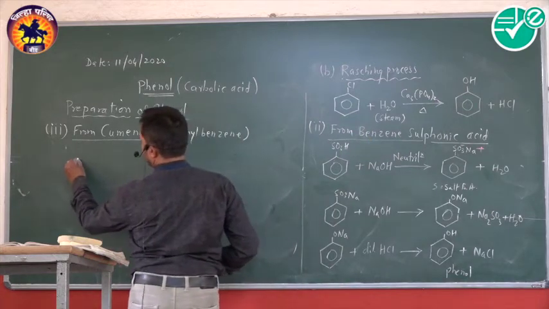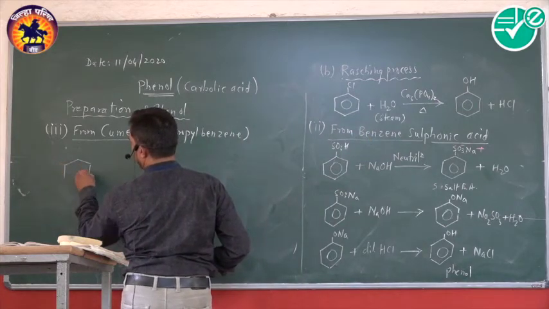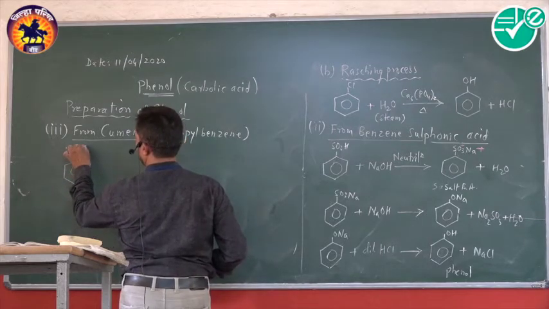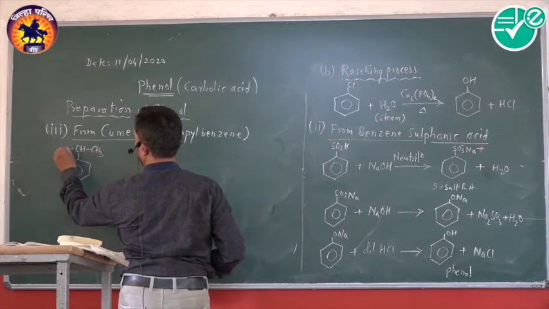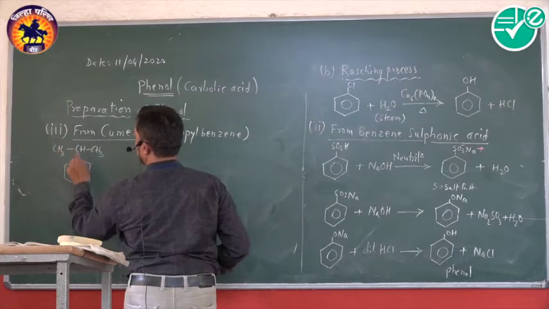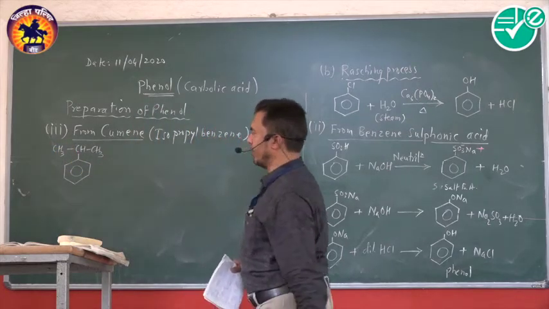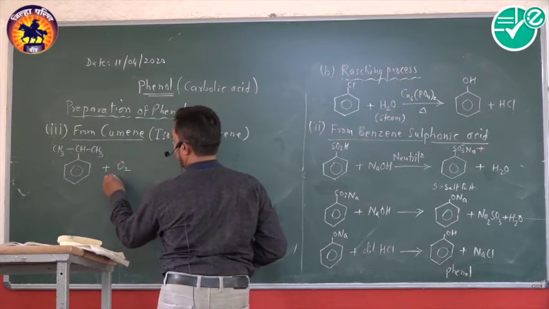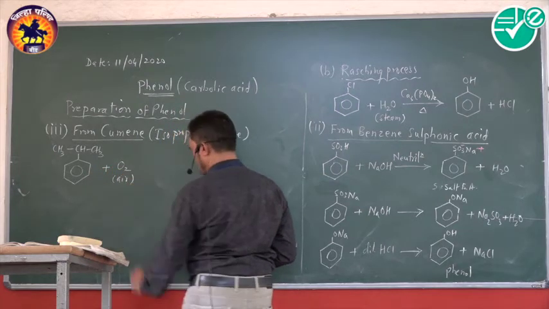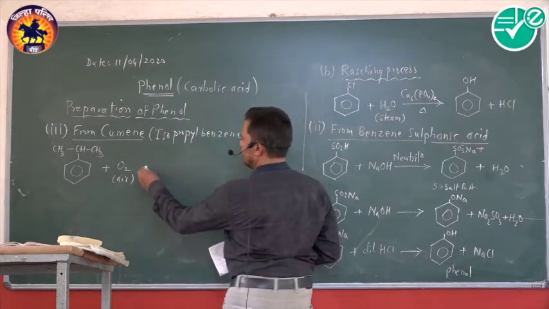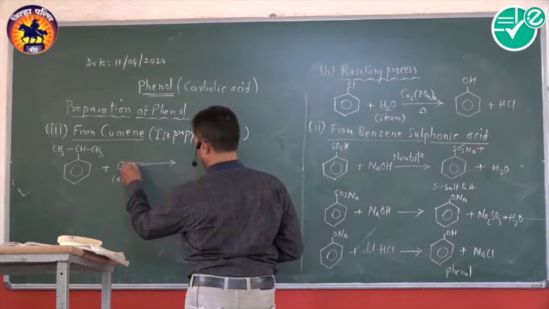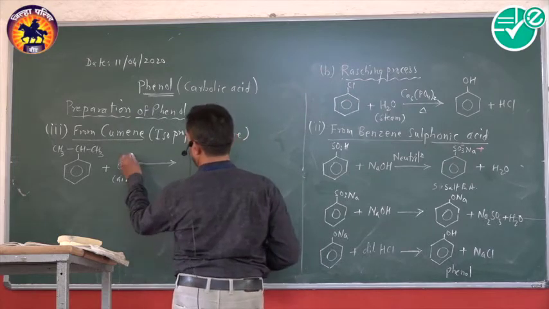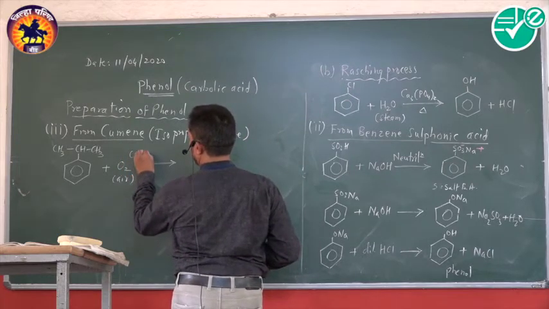The structure of cumene, that is called isopropyl benzene. It is also called 2-phenyl propane, treated with air, that is the oxygen, in the presence of cobalt naphthenate.